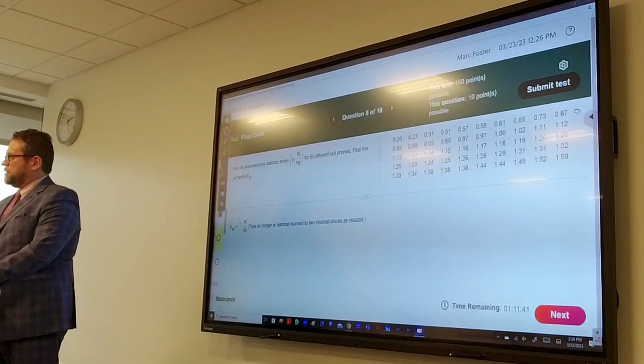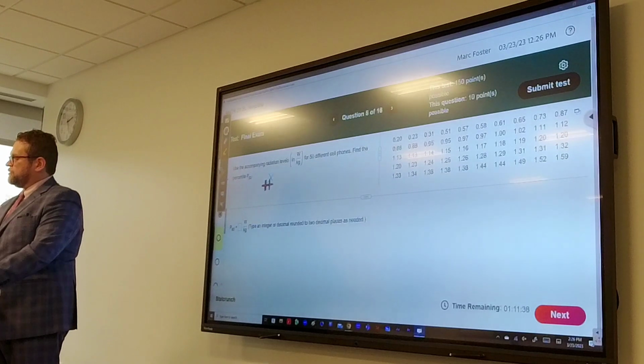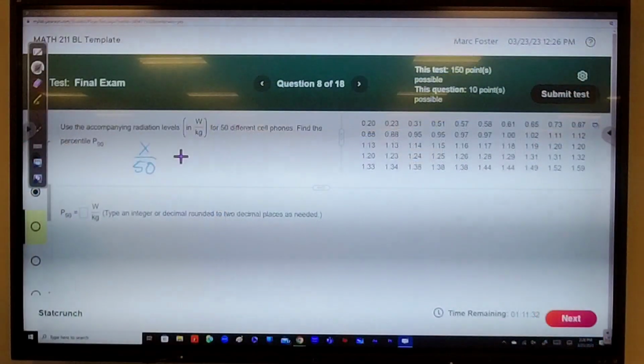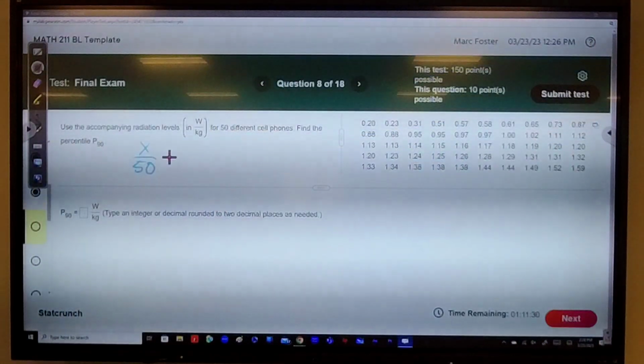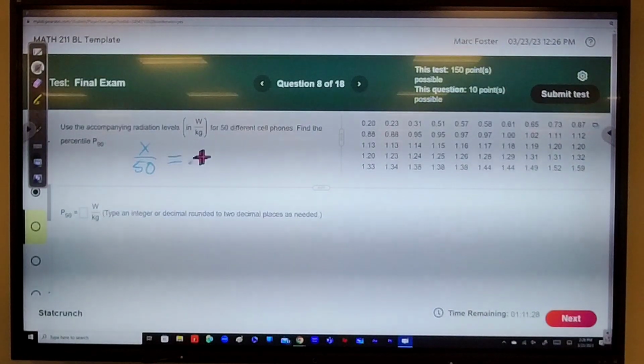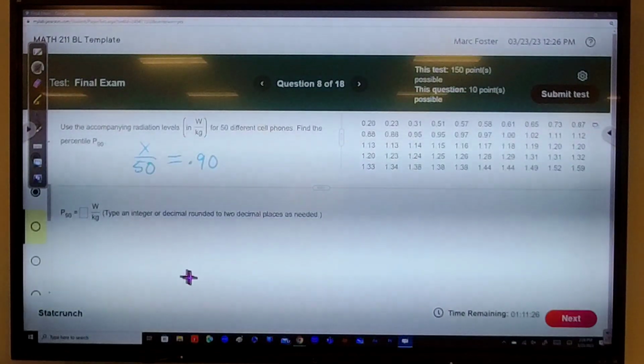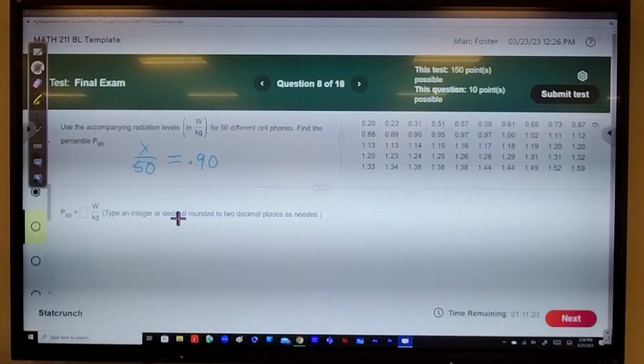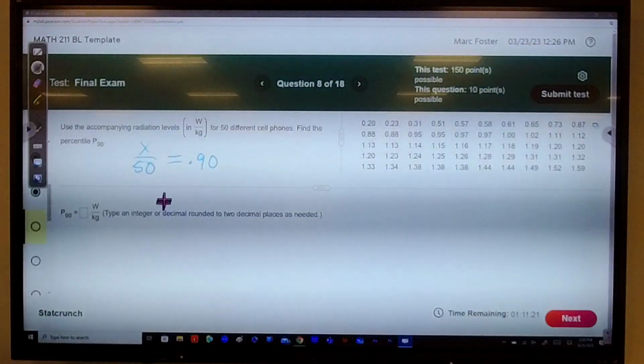Okay, well, which position should I look at out of these 50 such that it's 90%? Well, that's the 45th one.